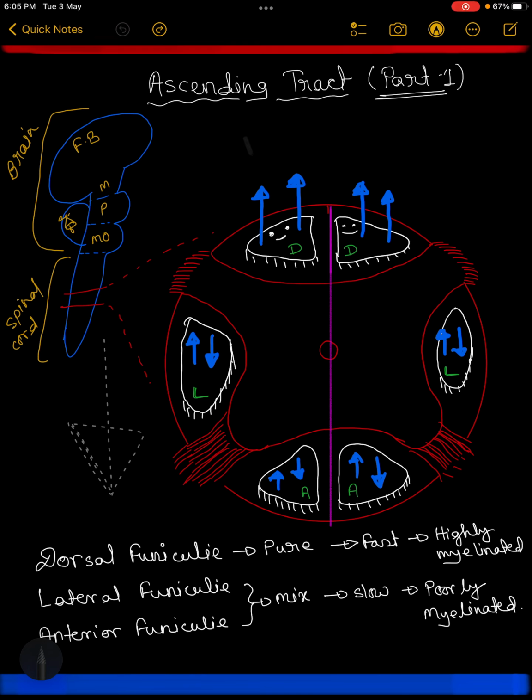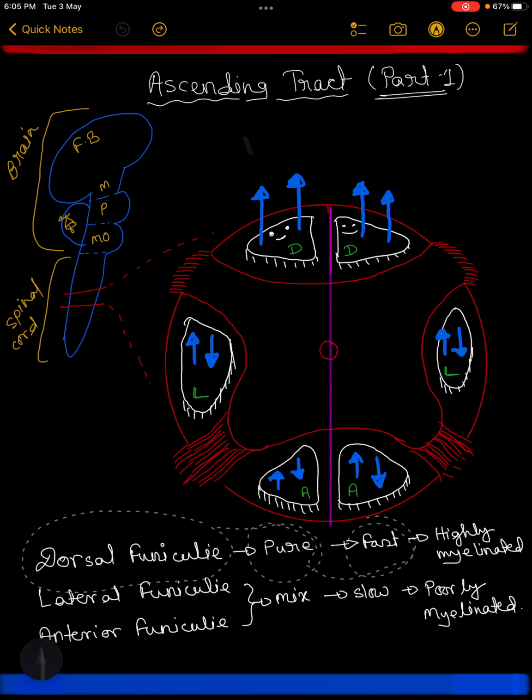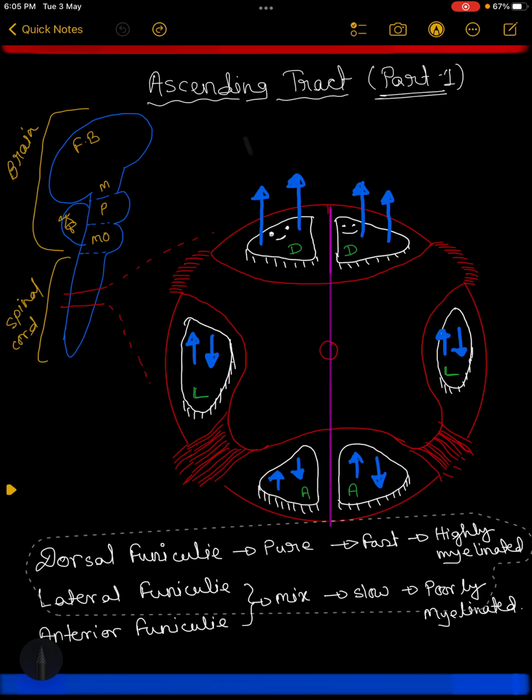And what is the descending tract? The descending tract is basically coming from the brain towards the spinal cord, and it carries the motor action. So dorsal funiculi is pure because it has only ascending tracts, and it transmits the signal very fast because it is highly myelinated.